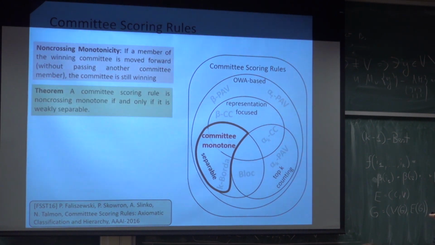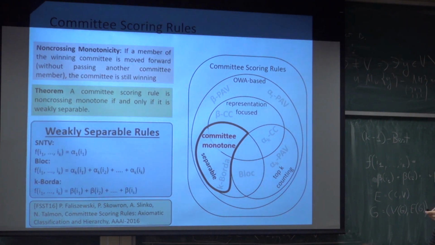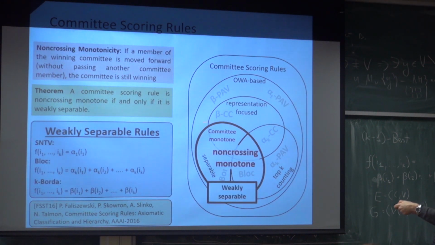In fact, this property is exactly satisfied by weakly separable rules. So non-crossing monotonicity and committee monotonicity are essentially characterizing what is happening in this area.